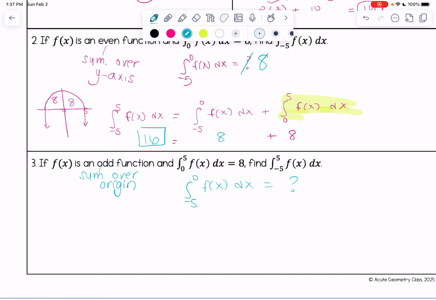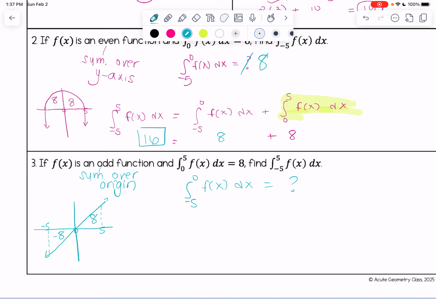All right, so let me draw a quick picture here of a function that is odd. I'm just going to draw a simple one. I'm going to draw y equals x. We basically know that from 0 to 5, the area is 8. Well, knowing that this is symmetric over the origin, that tells me that from negative 5 to 0, that value is negative 8.